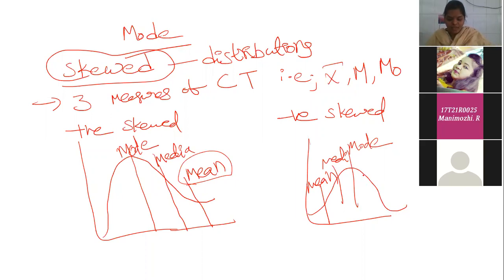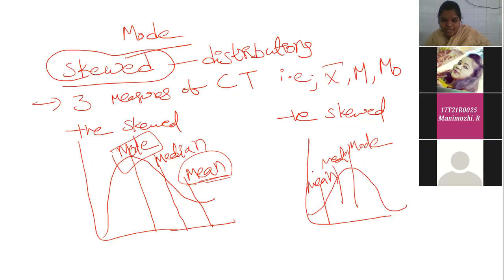So in case of the positively skewed distribution, the mode is the highest point and the median lies to the right of this point. But the mean falls right of the median, because the values are very few. In a negatively skewed distribution, the mean falls down to the median on the left side.